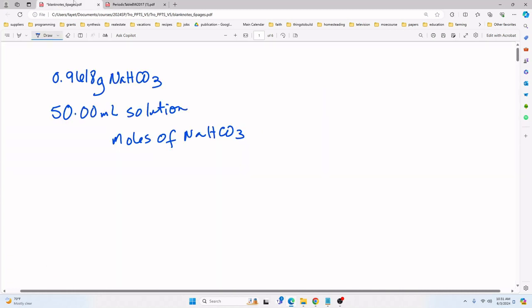So the molecular weight, I'll say MWT, is equal to 1 times sodium plus 1 times hydrogen, because we have 1 hydrogen, plus 1 times carbon plus 3 times oxygen.